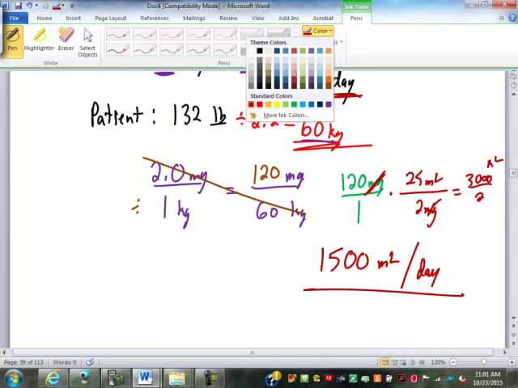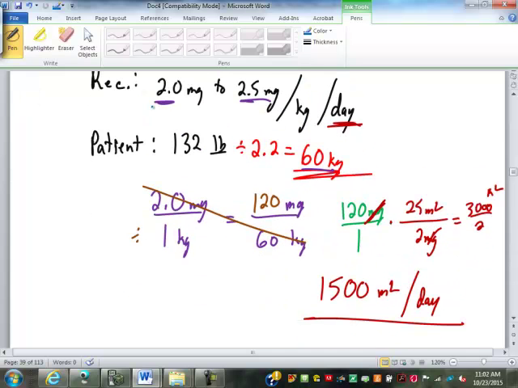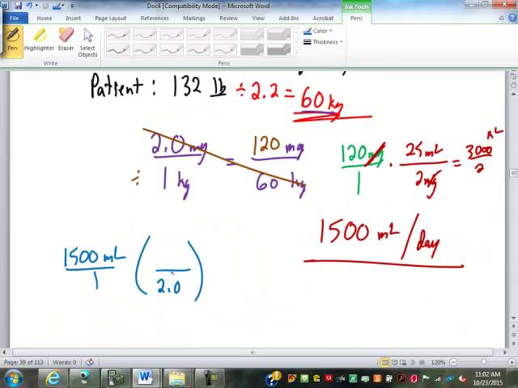Is that the minimum or the maximum? That was the minimum. So to find the maximum, we do our 1,500 milliliters over 1 times, well, the 1,500 came from the 2.0, so the 2.0 goes on bottom. So 2.5 goes on top.